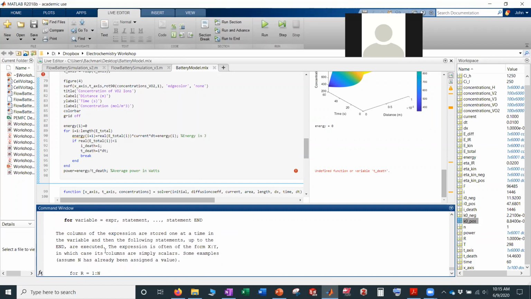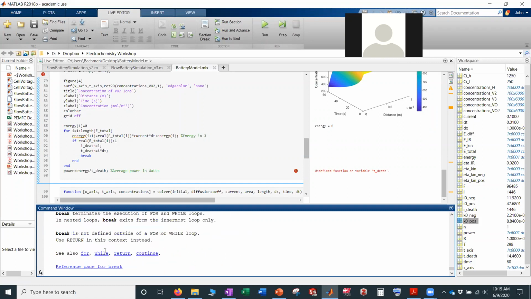It says that yeah, it only breaks out of that inner loop. It doesn't go out of it, but I just want it to break off of this one.